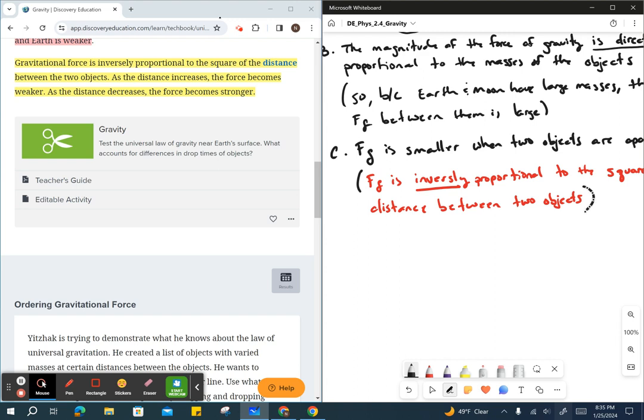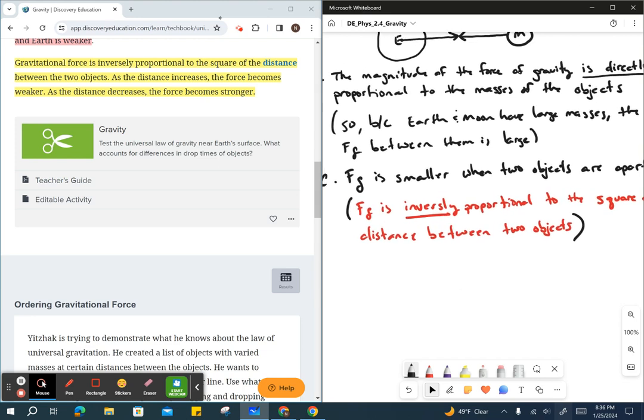So force of gravity is inversely proportional to the square of the distance.